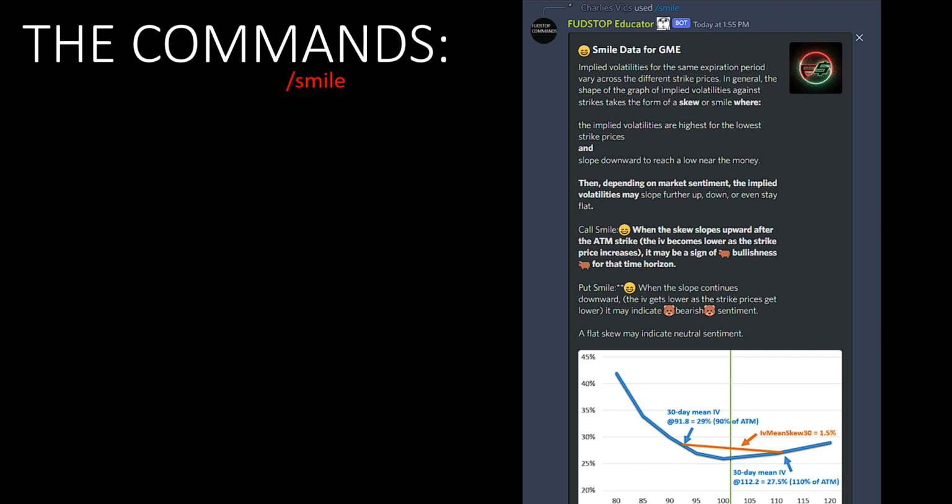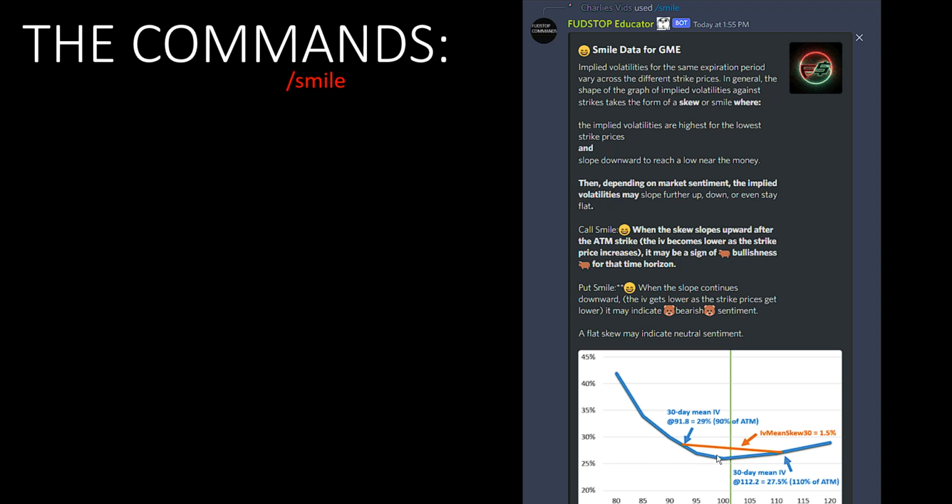Then, depending on market sentiment, the implied volatilities may slope further up, down, or even stay flat. A call smile is when the skew slopes upward after the at-the-money strike. If the IV becomes lower as strike prices increase, it may be a bullish signal. If the IV gets lower as the strike prices decrease, it may indicate a bearish sentiment.